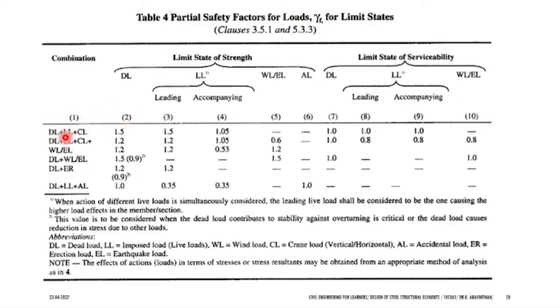If live load you are considering, you have to multiply by what? 1.5 alone for designing of limit state of strength. If you are designing for limit state of serviceability, you can take the dead load as it is, that is 1 times the dead load and 1 times the live load. So here you have been given the classification, you have to take this and proceed with the problem.